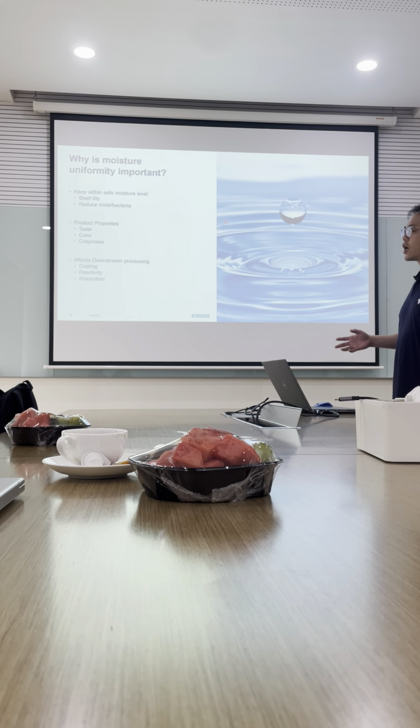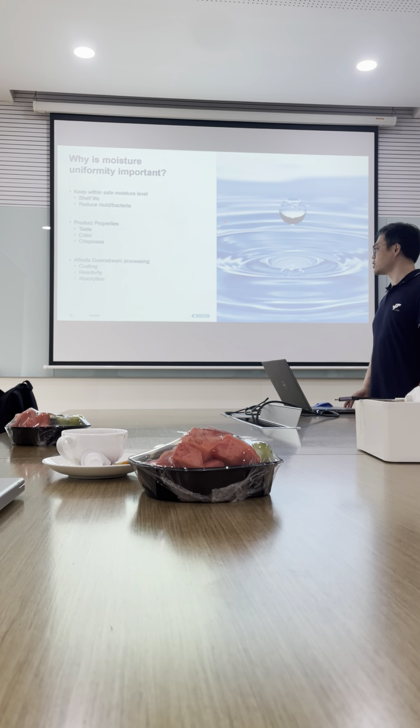If the moisture is high, the shelf life will be decreased, and bacteria can occur. This is not good for the product. Second, the product properties are also affected by the moisture uniformity, such as the taste, color, and crispness. The moisture uniformity can also affect downstream processing, such as coating, reactivity, and absorption.